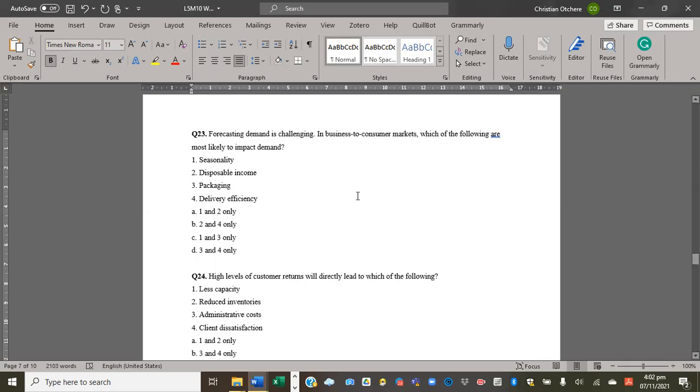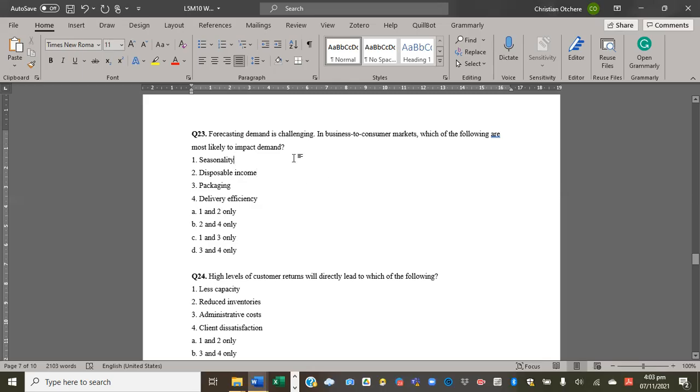Okay. So do you agree? Or you have a contrary view? In fact, if you have chosen one, maybe seasonality, you have 1 and 2, 1 and 3, and 3, which is packaging. You may not choose that. So this is just about factors that influence demand.